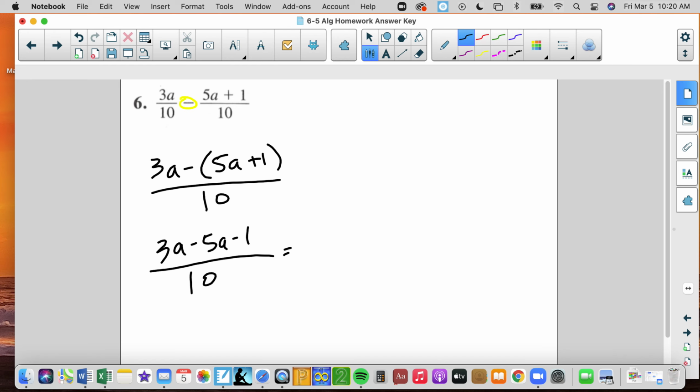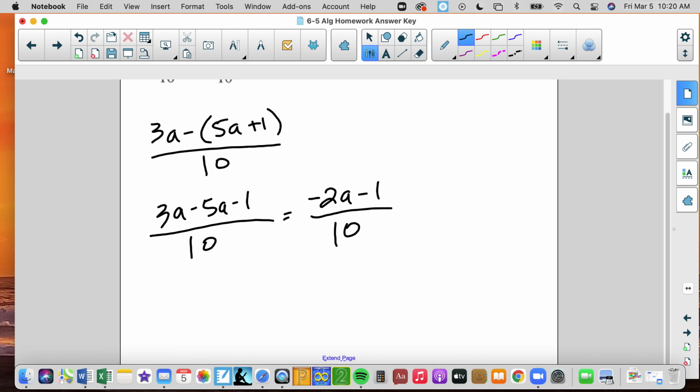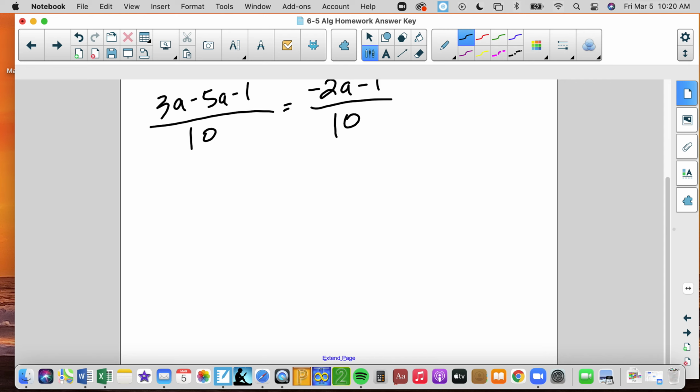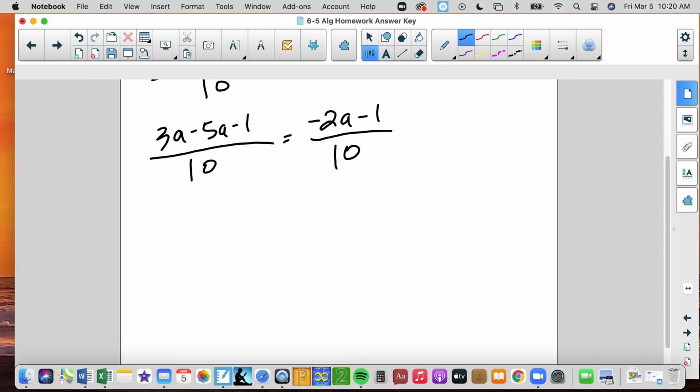Let's simplify. 3a minus 5a is negative 2a minus 1 over 10. Now, we can look at this two ways. Sometimes they're going to allow you to give an answer with a first term negative. You will find that there will be inconsistencies in high school on what is allowed. That is an acceptable answer by some people. Other people would want you to factor out that negative.